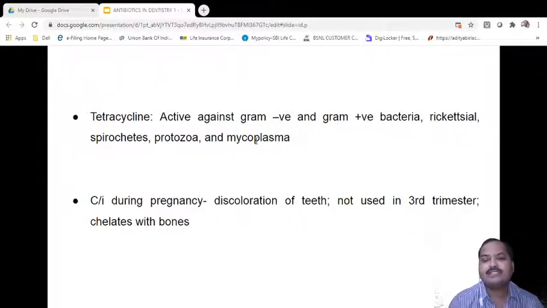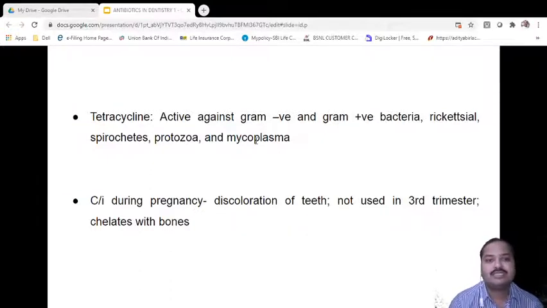All the tetracyclines are contraindicated during pregnancy. As they cross the placental barrier, which we have discussed in the previous slide, they form a stable calcium chelate or complex in the bone forming tissue and in the teeth also, which can result in a decrease in the growth rate of the bones and retardation of the skeletal development.